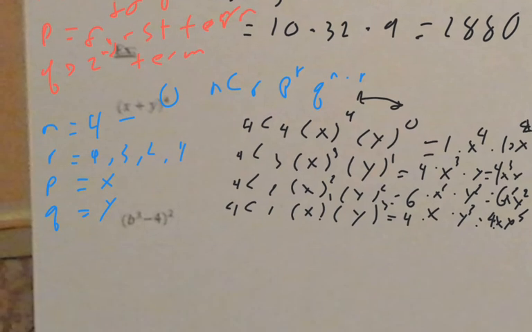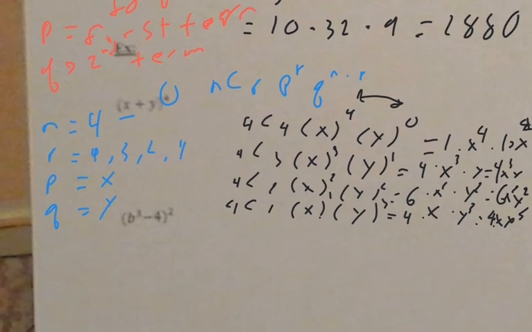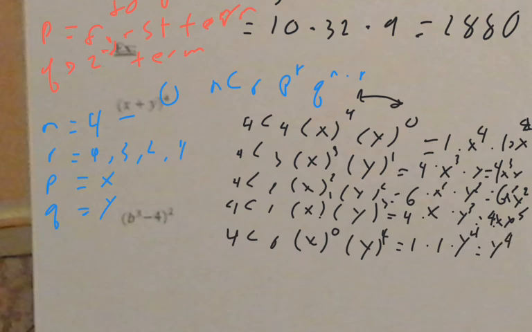And then again in your calculator you do 4C0, we have x to the 0 times y to the fourth equals 1. x to the 0 is 1 times y to the fourth, which is just y to the fourth.